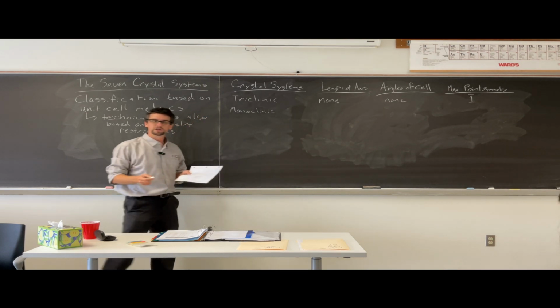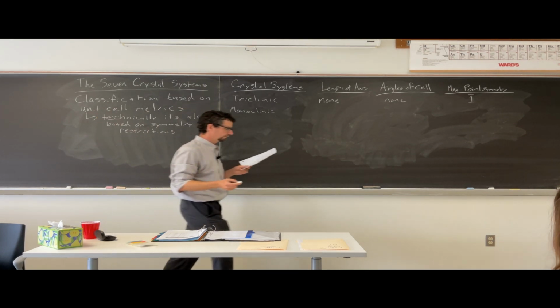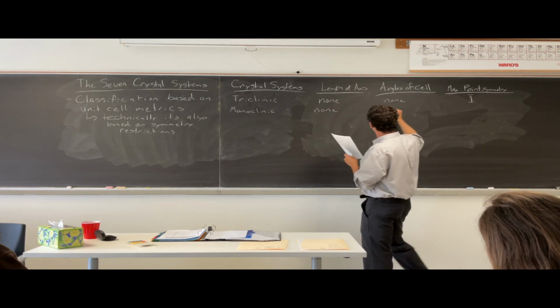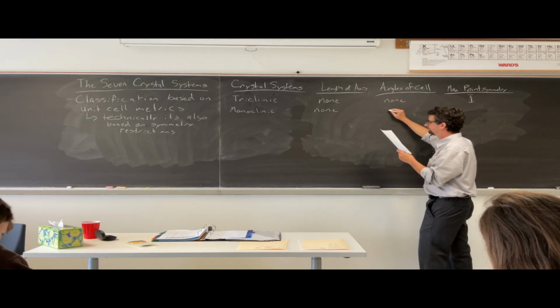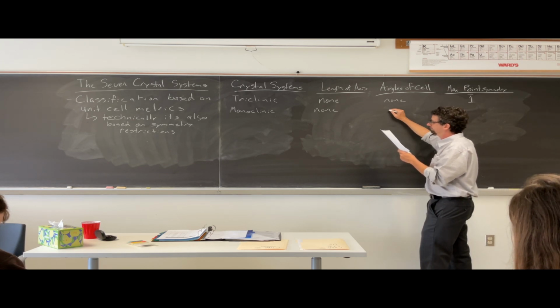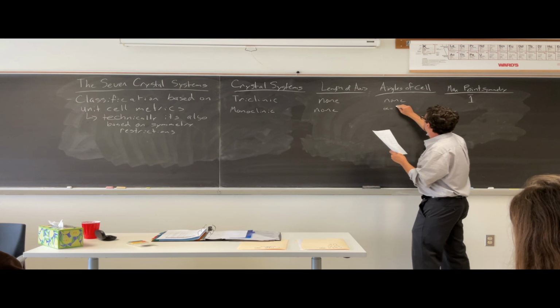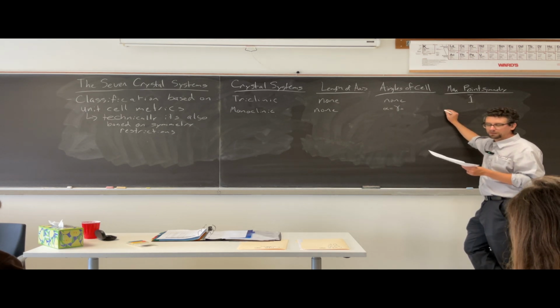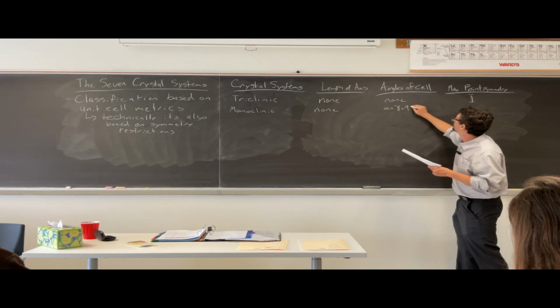Okay, then we have monoclinic. Is there any restriction on the lengths? Right, none. What about the angles? Alpha and gamma have to be equal to one another, and they have to be 90.